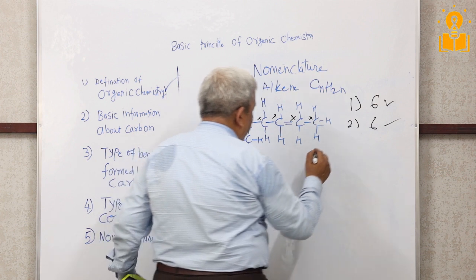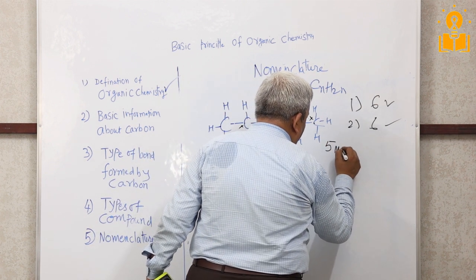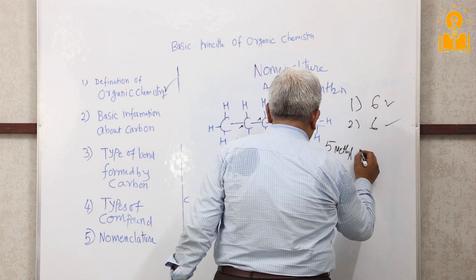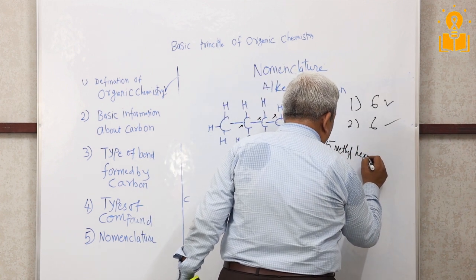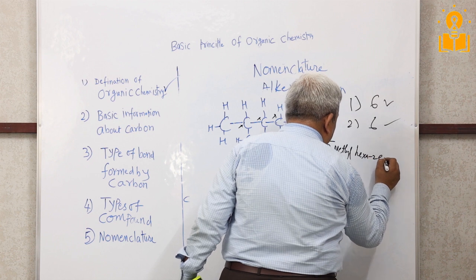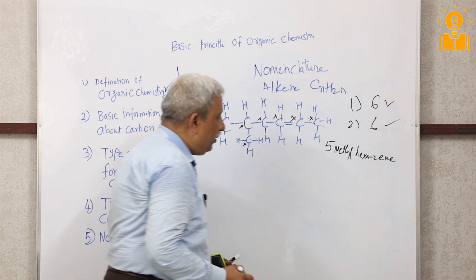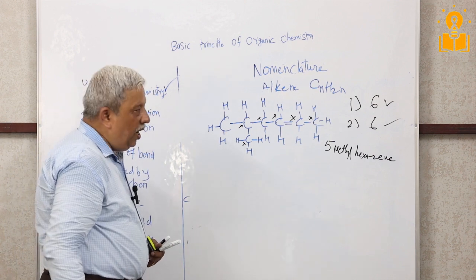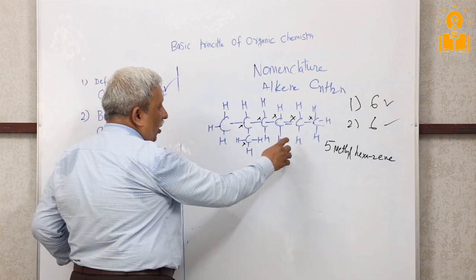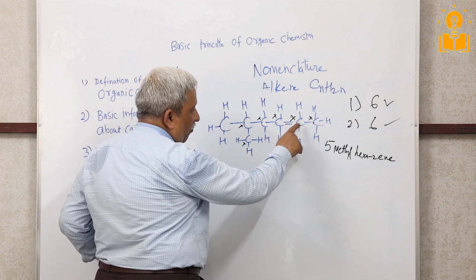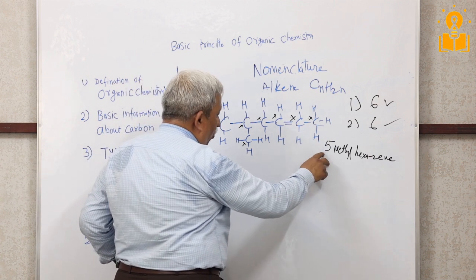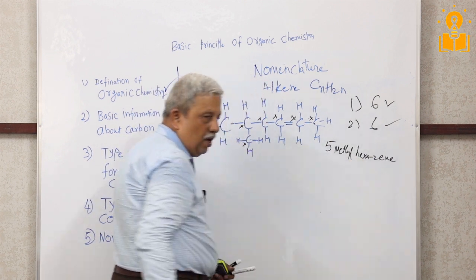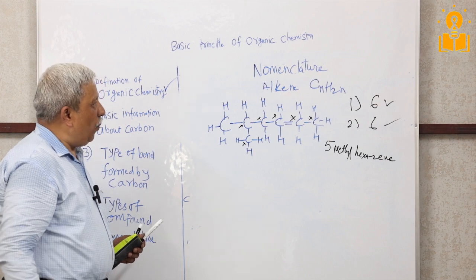So 5-methyl hex-2-ene. Now why 5? Because the methyl is at the fifth carbon atom and the double bond is at the second. So that is 5-methyl, this methyl, and 2 in hex-2-ene. In this way we can name alkenes.